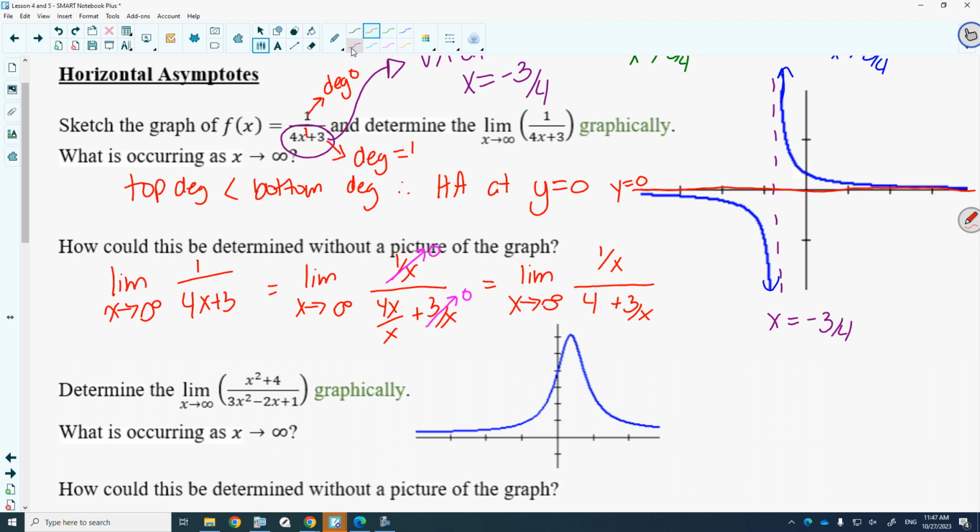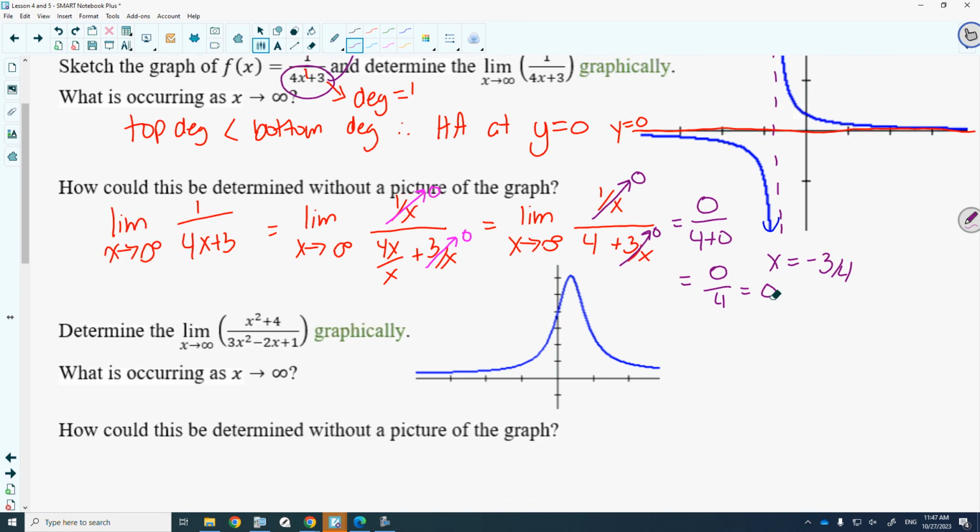So this goes to 0, and this goes to 0. So I've got 0 in my numerator, and I've got 4 plus 0 in my denominator. 0 over 4 is 0. So that's going to be the equation of your horizontal asymptote: a horizontal asymptote at y is equal to 0.